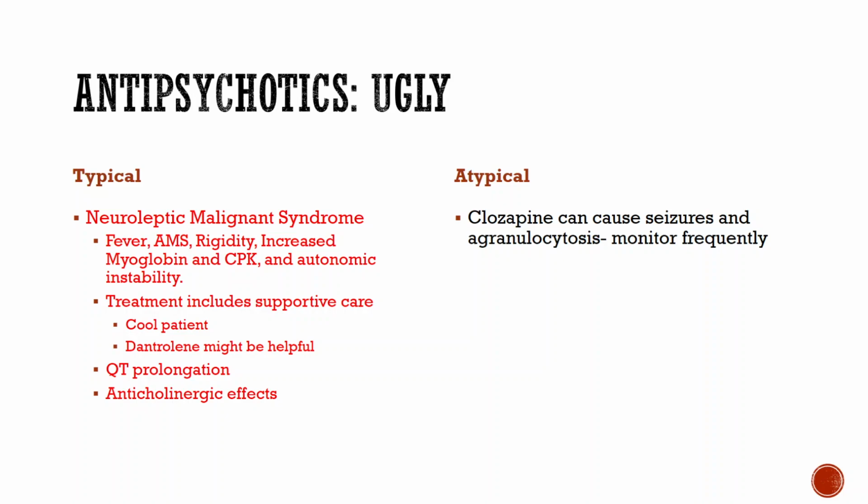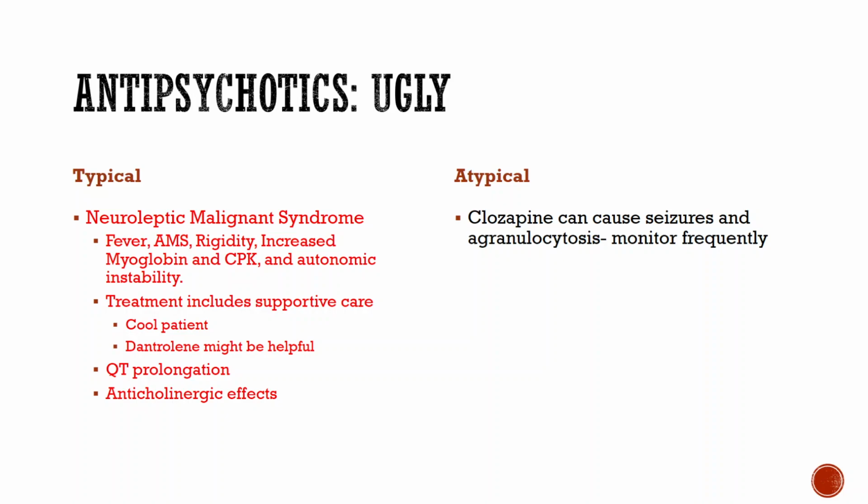So as you can see, this is an emergent situation. So our treatment options include supportive care, such as cooling the patient, dantrolene, which is used for malignant hyperthermia, may be helpful with the neuroleptic malignant syndrome.